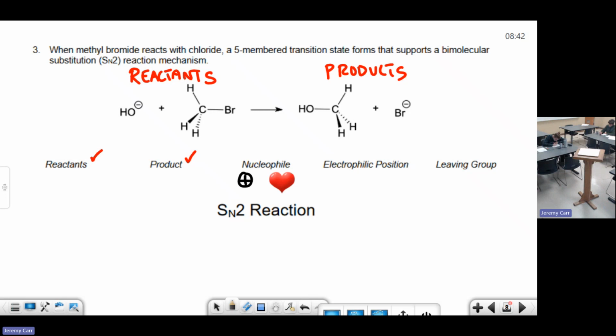So if you're a lover of positive charge, what is that telling you about your nature? What sort of charge must you be if you love positive charge? You must be negatively charged. So you want to take a guess on the reactant side where our nucleophile is? Which one is it? You have two choices.